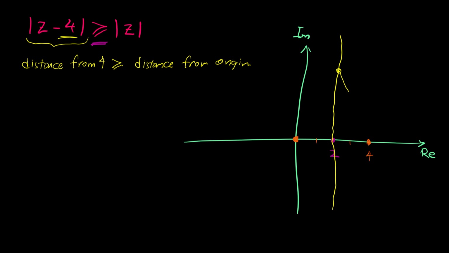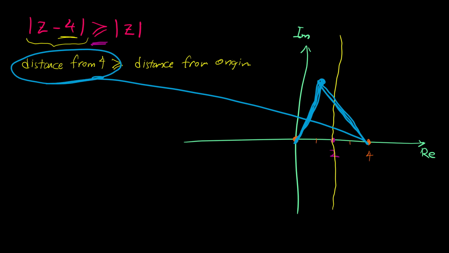For example, this distance is the same as this distance. But for the points that are on the left side of this vertical line, for example, this point here, the distance from origin is less than the distance from 4.